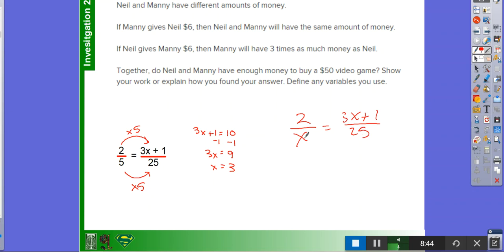Since you have x's in both the numerator and the denominator, we're kind of stuck. We can't use a scale factor or a side length ratio, which is the third way. So in this case, we can still do cross multiplication, and we get 50 is equal to x times 3x plus 1. Then this allows you to factor and solve like any other quadratic. So that's the advantage to cross multiplication.